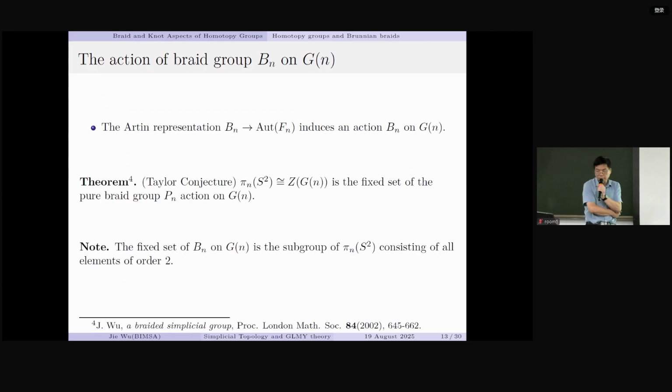It turns out the group I constructed for describing the homotopy group of the 2-sphere, which is simplicial, canonically gives a way to show that the center of this group G_n is exactly the fixed points of a pure braid group action on this group. And if you look at the general braid group actions, or Σ_n actions, on this group G_n, it will give some subgroup of the homotopy group consisting of elements of exact order 2.